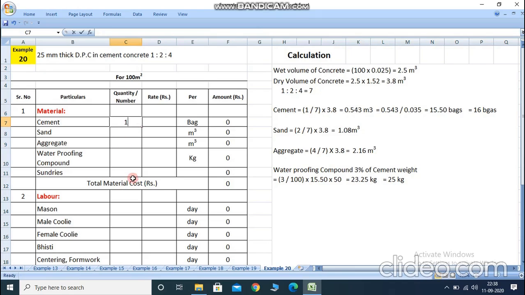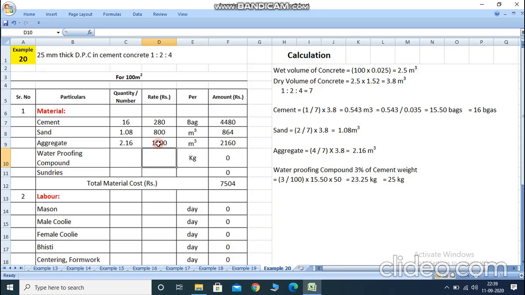So the cement quantity is 16 bags, and the per bag cement rate is 280 rupees. Sand quantity we have calculated is 1.08, and the per meter cube sand rate is 800 rupees. Aggregate quantity is 2.16, and the per meter cube rate is 1000 rupees.